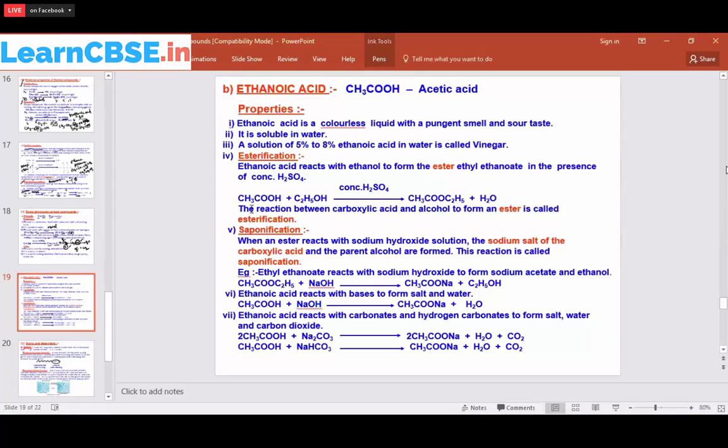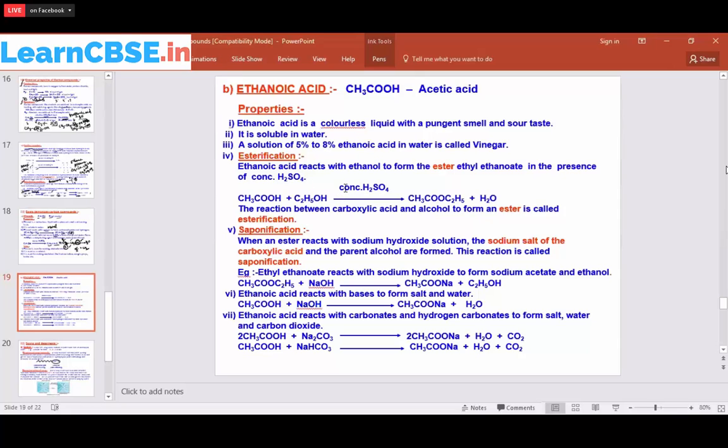So ethanoic acid, there are two carbon atoms we have to write. Acid is COOH, CH3 we have to write because we have to make the two carbon atoms. It's ethanoic acid plus ethanol. So ethanol, the OL indicates the OH, the alcohol group, and there are two carbon atoms, so C2H5OH, ethanol.